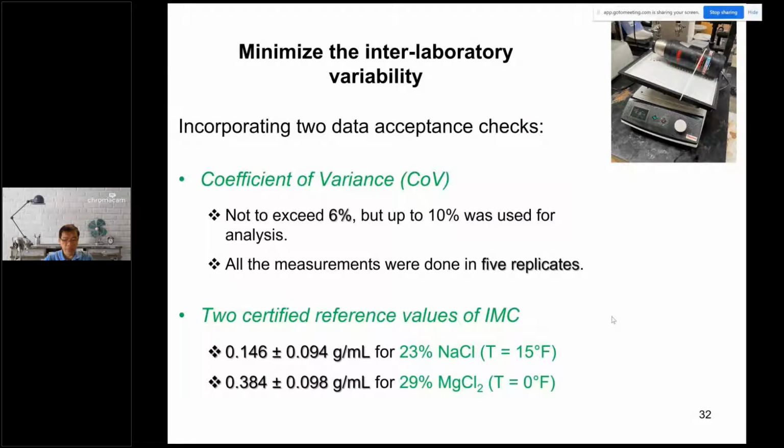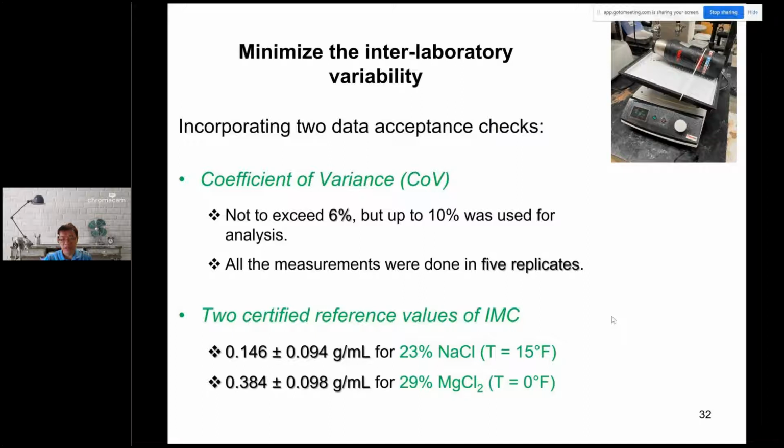And for the magnesium chloride analytical grade tested at 0 degrees Fahrenheit, the allowable range was 0.384 plus or minus 0.098 gram per milliliter. So with these built-in quality controls, we should get much more reliable results.